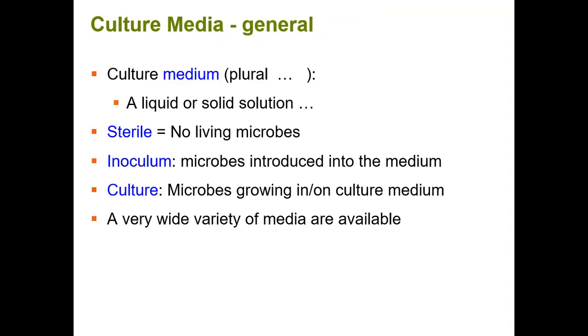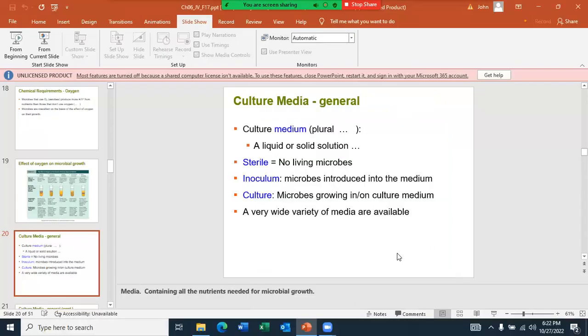Remember, a culture medium is a liquid or solid solution containing the nutrients required for microbial growth. Usually when you get culture media in the lab, it'll be sterile, and that means there's no living microbes in it.